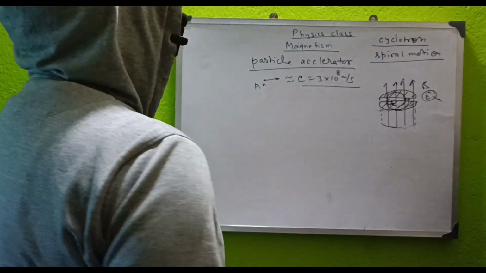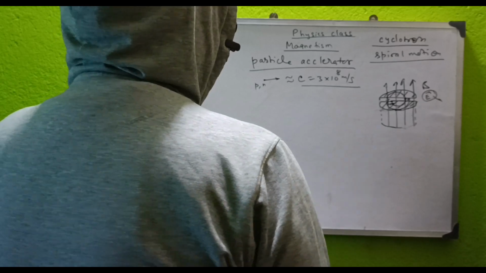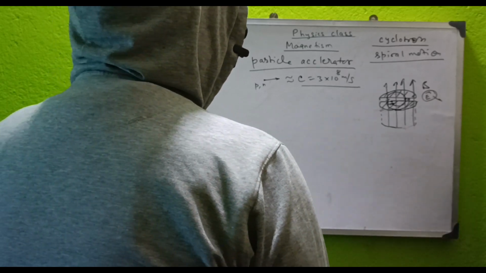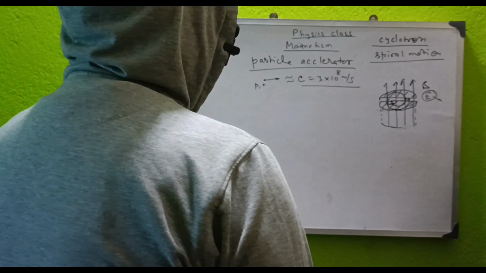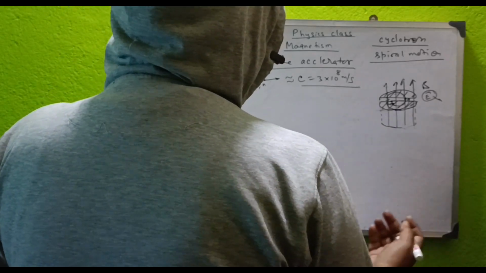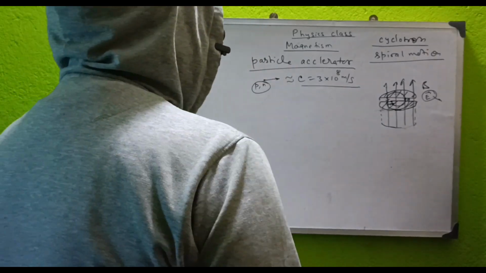So this sort of speed is reached in the particle accelerator, and then it is smashed with another particle so as to draw the conclusion regarding the constituent particles or subatomic particles of the more massive particles.